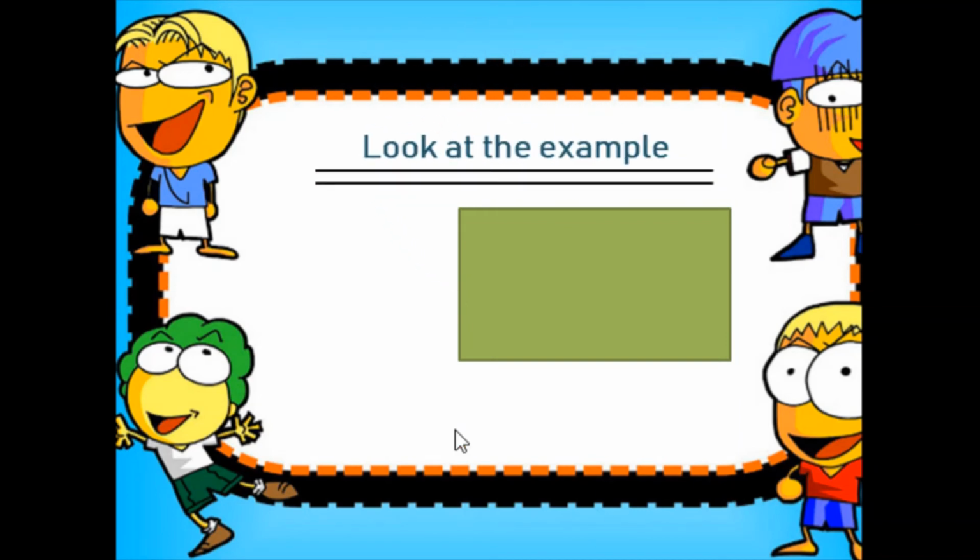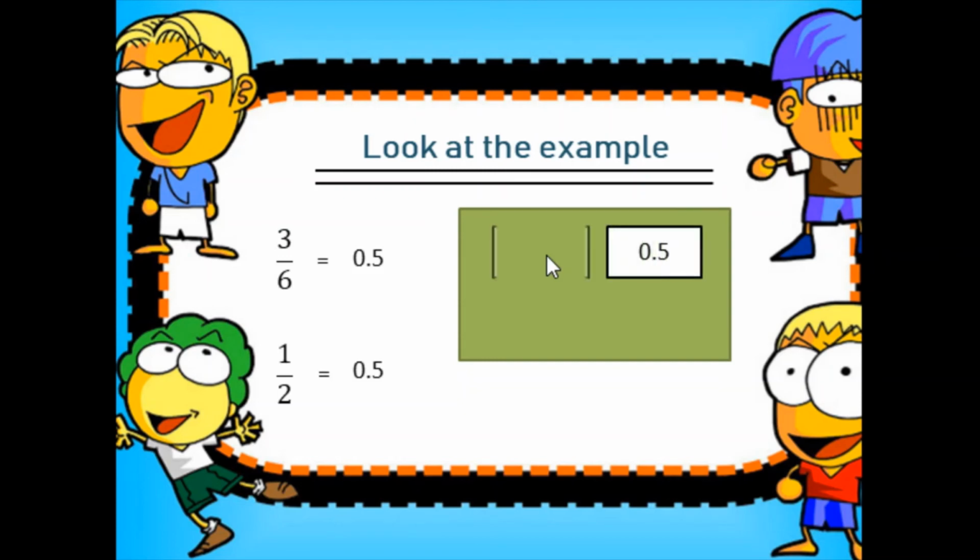I have here 3/6 and 1/2. Okay? Change to decimal. It's 0.5. 1/2 is also 0.5. Very easy. What comparison symbol are we going to use? Good job. It's equal to.